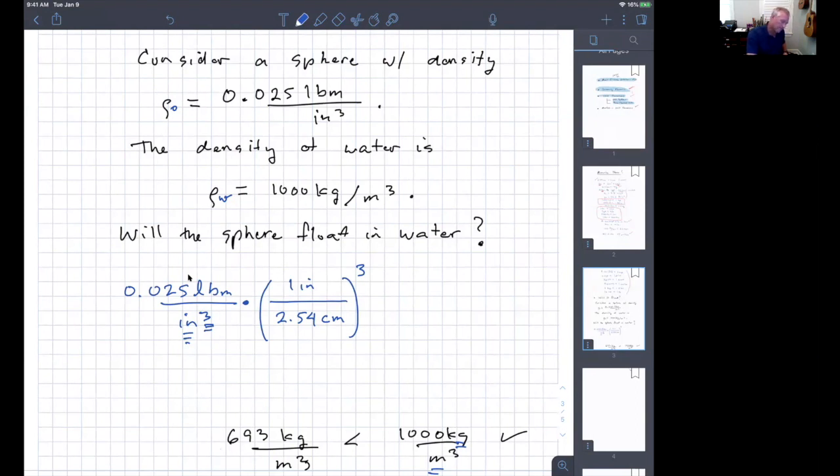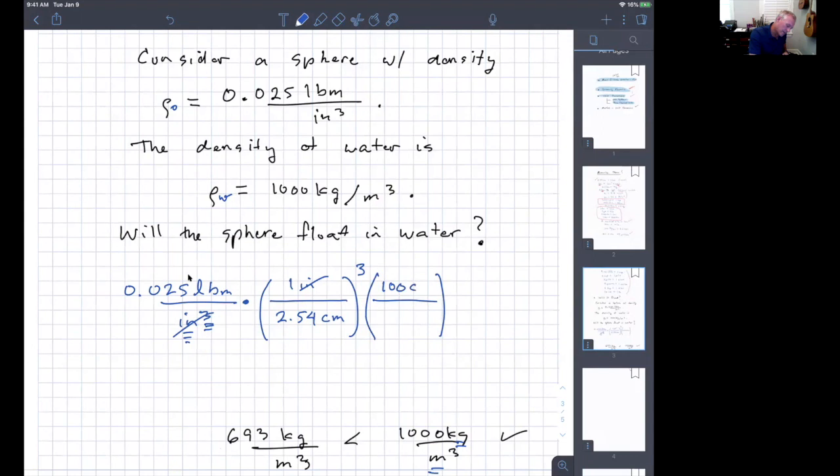All right, so I now have inches cubed canceling. These cancel, and what I have is pound mass per centimeter cubed. So I need to get centimeters into meters, all right? So I know that there's 100 centimeters in 1 meter, but because of this cubing, I need to get rid of the cube, or cancel the cube.